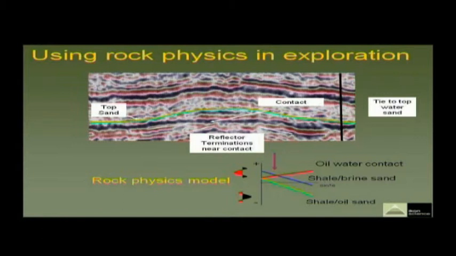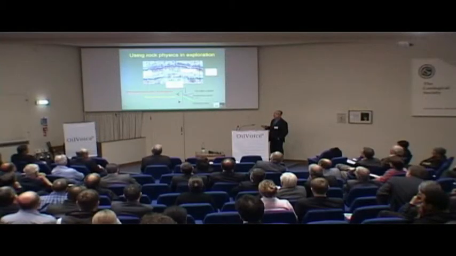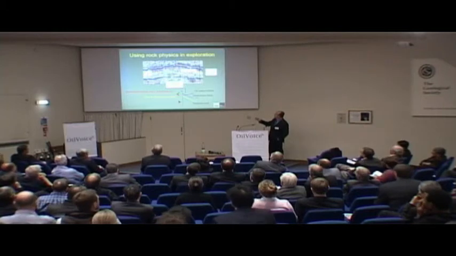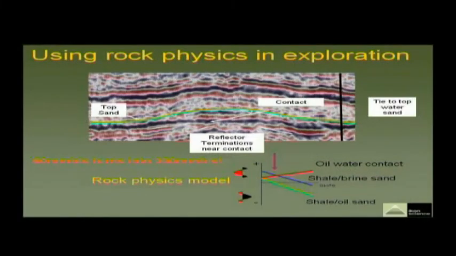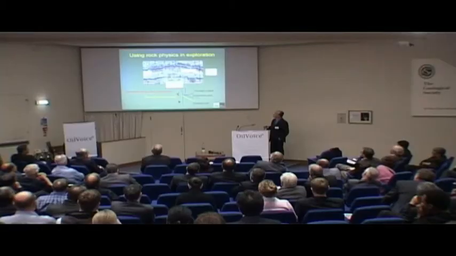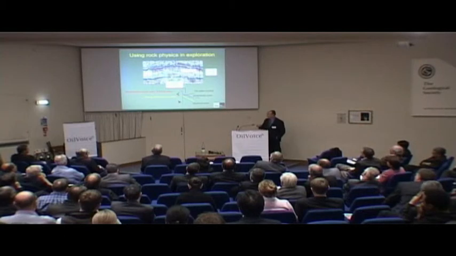You can start to see the reflector terminations, terminate out at the contact, etc. This is a very good example of rock physics being used in a farm-in where the original reserves put into the structure were something like 50 million, in fact turned into 300 million barrels. This is a Norwegian example on a farm-in, so some happy examples.